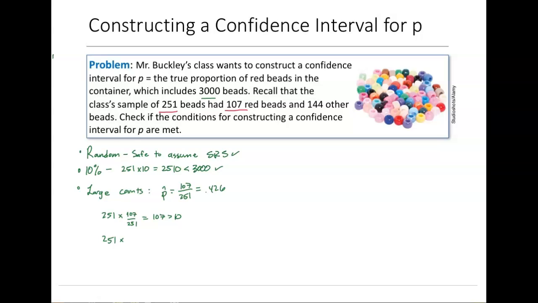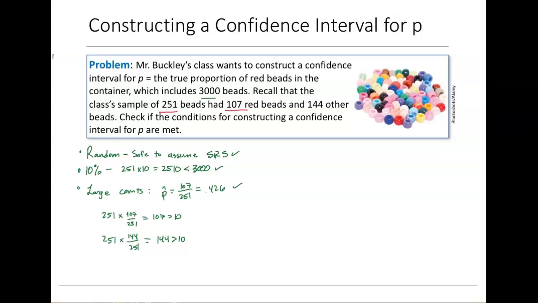So what's 251 minus 107? All right, so that's 144 out of 251. And that's going to be 144, which is also greater than 10. Great, so our large count condition is also met. And we're done.